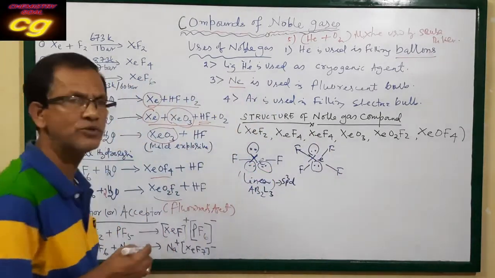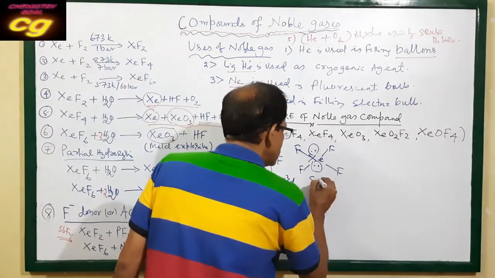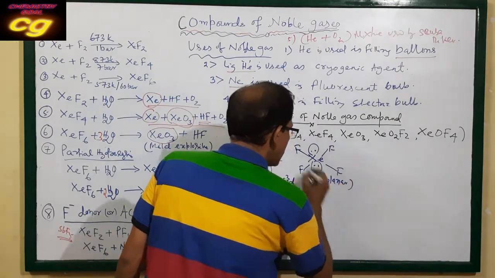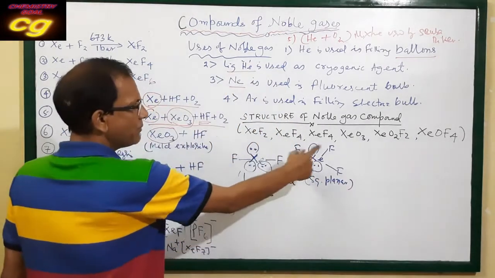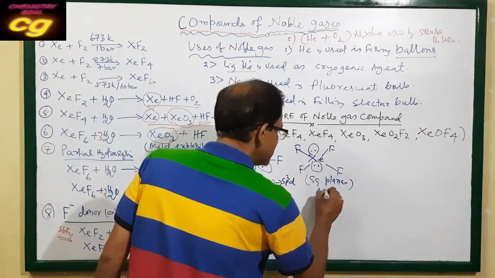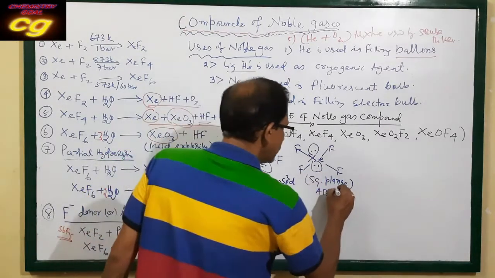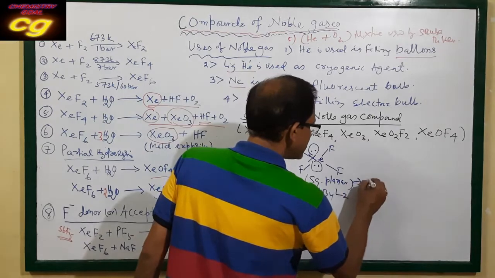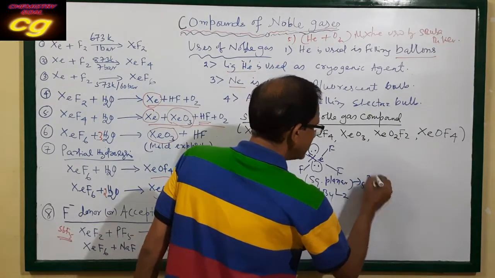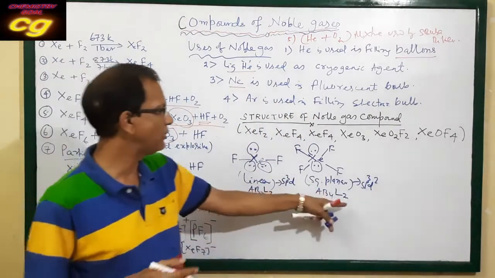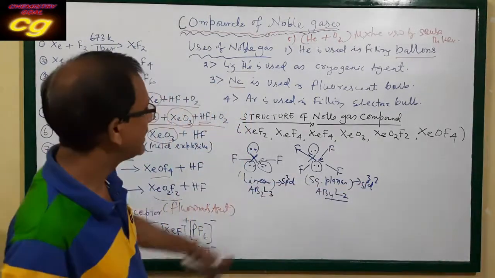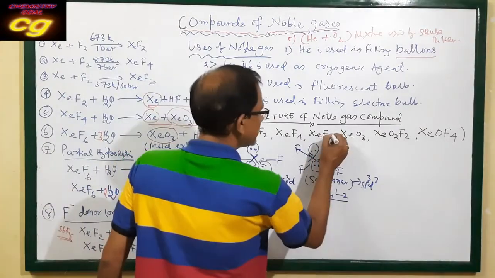So this shape is square planar, and this is AB4L2. What type of hybridization is AB4L2? sp3d2, because it is 6. AB4L2 means 6, and 6 means sp3d2.